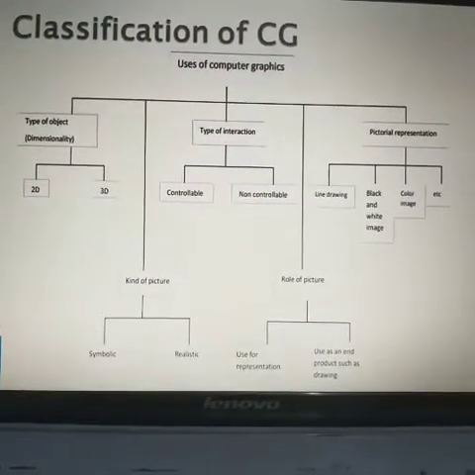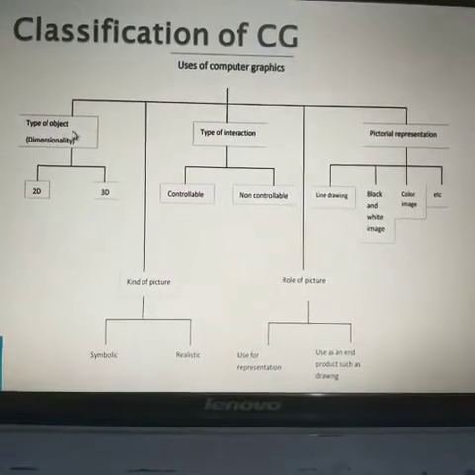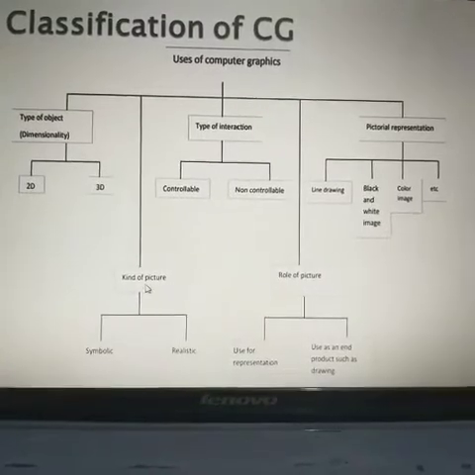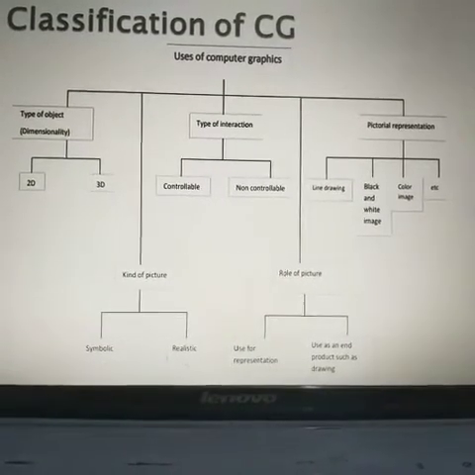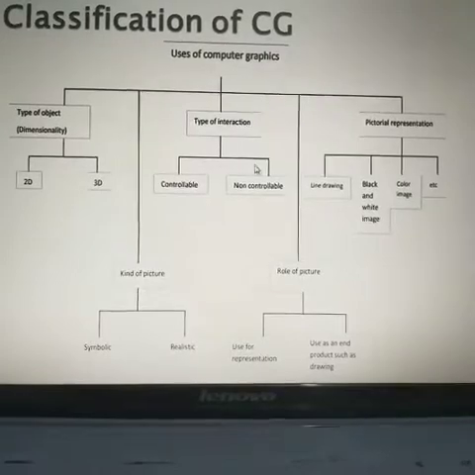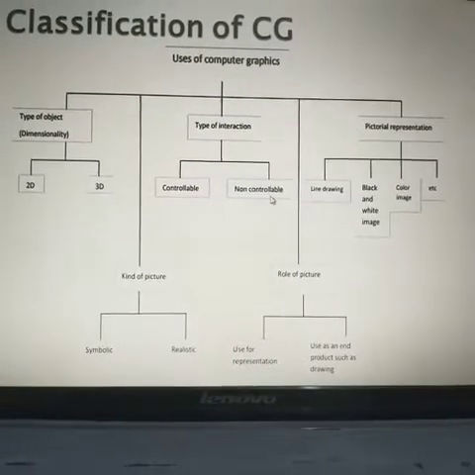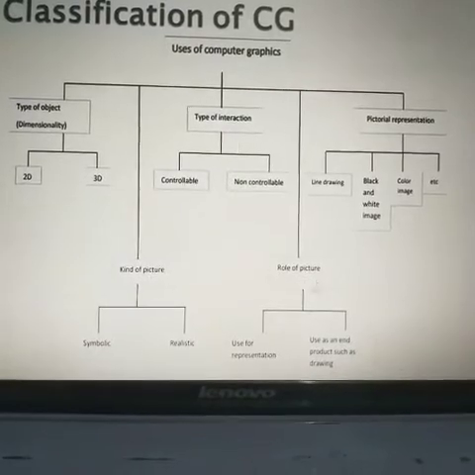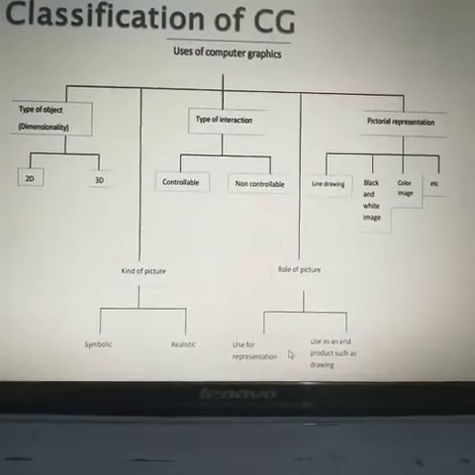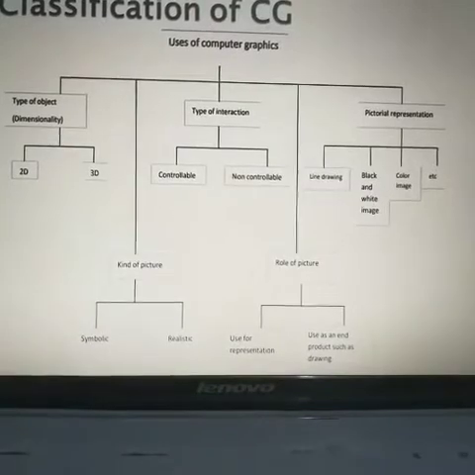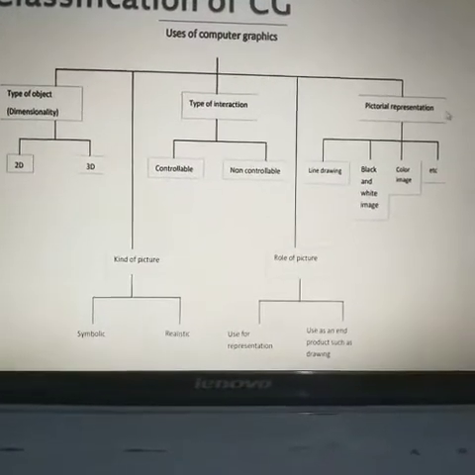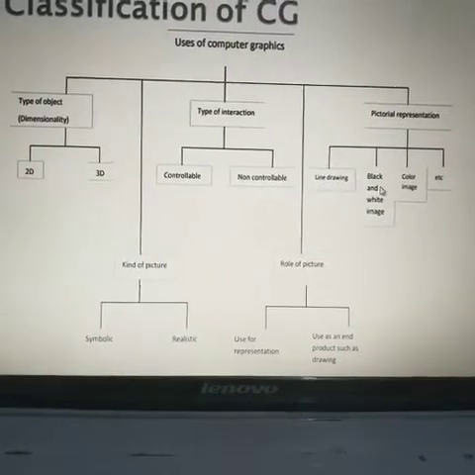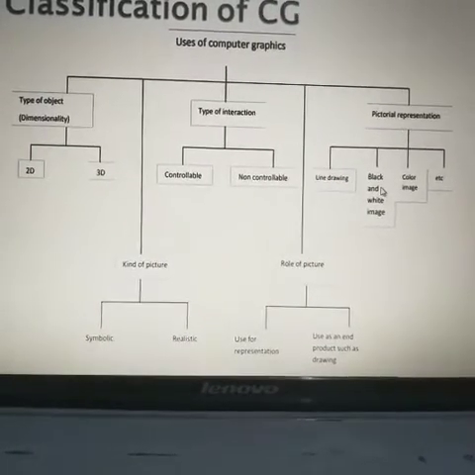It can be classified on the basis of the type of object, that is 2 dimension and 3 dimension; based on the kind of picture, that is symbolic or realistic; based on interaction, that is controllable or non-controllable; based on the role of the picture, that is used for representation and use as a product such as a drawing; and the last one is pictorial representation, which may use line drawing, based on the number of colors, and so on.